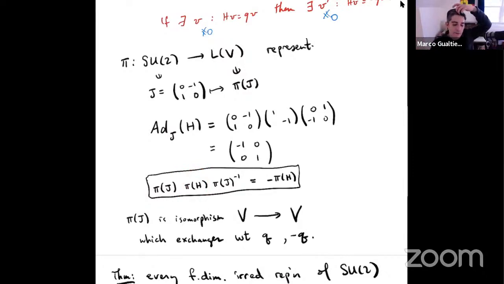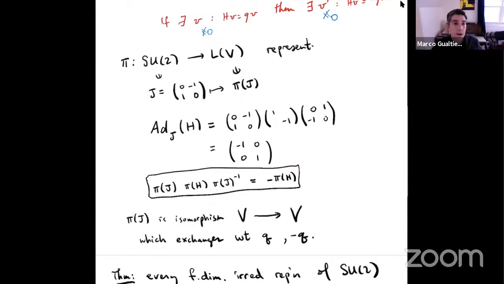Then if I use this invertible matrix as a symmetry, it acts on the representation because it's a unitary element that acts on the vector space. And if I conjugate, if I change the basis from this to this, then all of my weights get reversed.